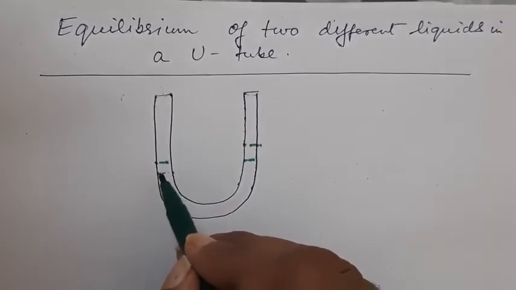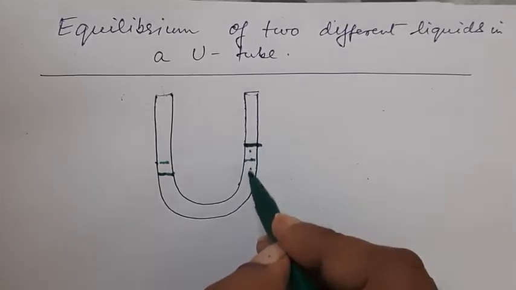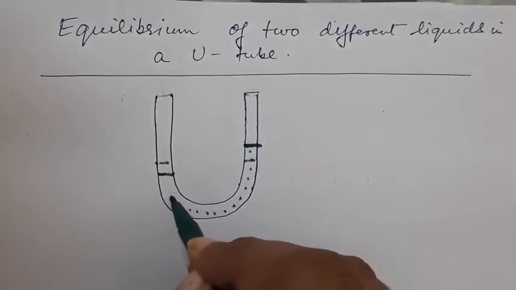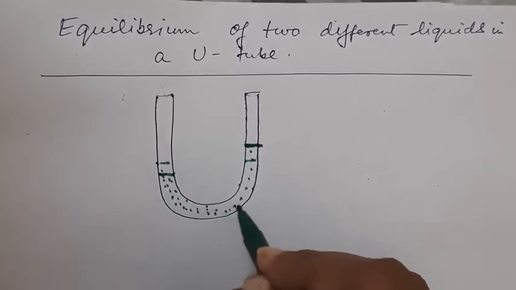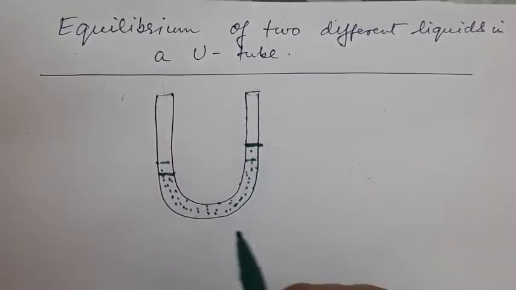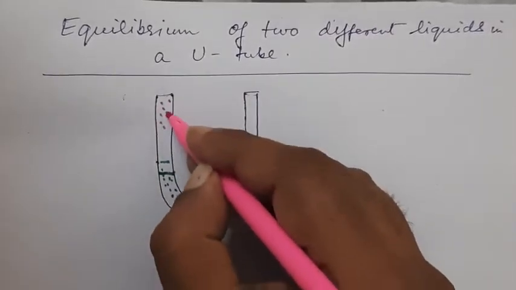So this and this will be the final position. This will be one type of liquid, suppose it's liquid 1, and the rest will be the different type of liquid.